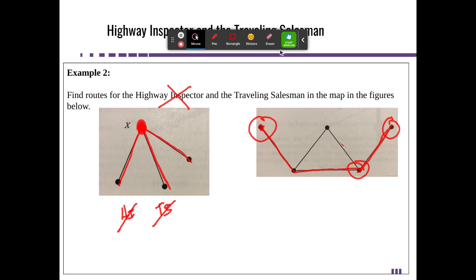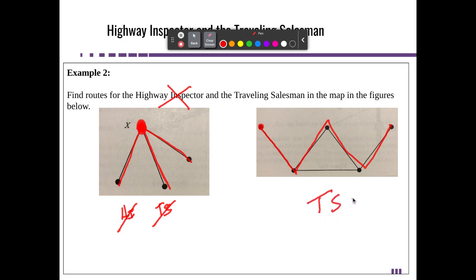So let's get the eraser. All right. And so here we go. So let's say we started here and we went 1, 2, 3, 4. There we go. So it looks like the traveling salesperson check that would work. And we've already established the highway inspector would not work for this one.